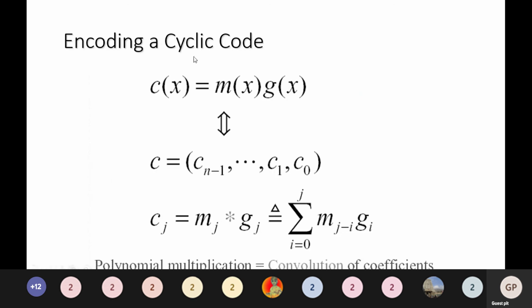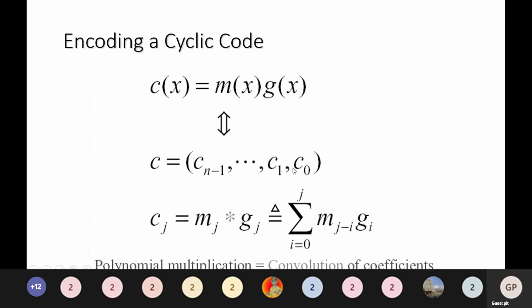Encoding a cyclic code is nothing but C of x is equal to m of x g of x. C of x is the corresponding code word, m of x is the message polynomial, g of x is the generator polynomial, and c is equal to c_{n-1} up to c1, c0.